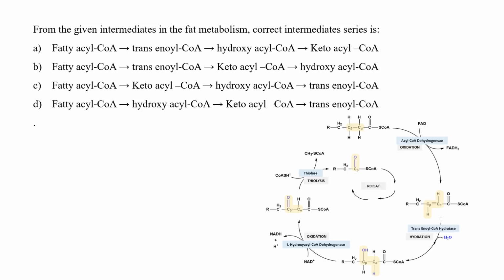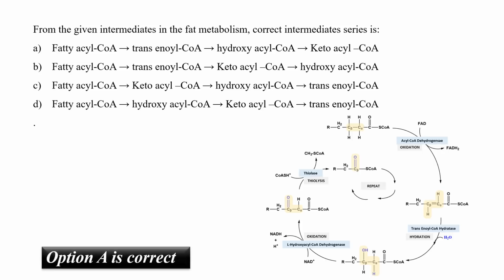So the order of intermediates would be: fatty acyl CoA leads to transenoyl CoA having a double bond, then beta hydroxyacyl CoA after the addition of water, and last the ketoacyl CoA, which is degraded through the thiolysis step into acetyl CoA. So option A is the correct answer.